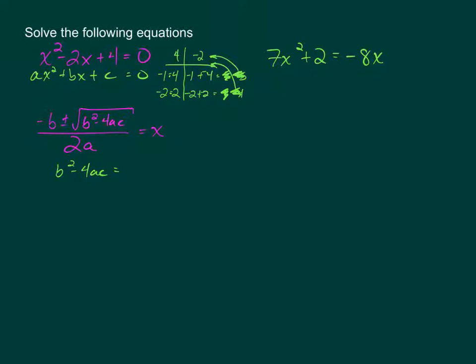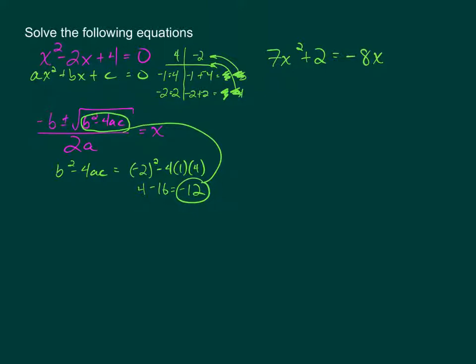So b squared minus 4ac is the same thing as writing negative 2 squared minus 4 times 1 times 4. Negative 2 to the second power is 4. Negative 4 times positive 1 times 4 is negative 16, which gives negative 12. We will put that right inside the square root. Everything else we can just start filling in.